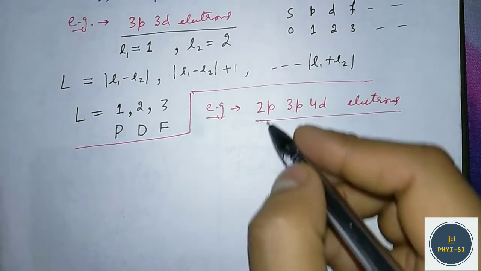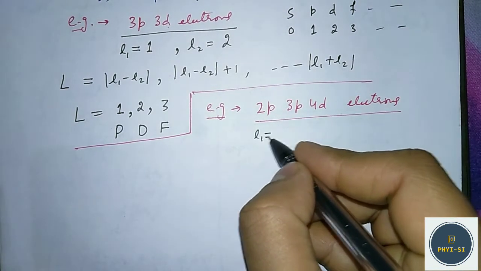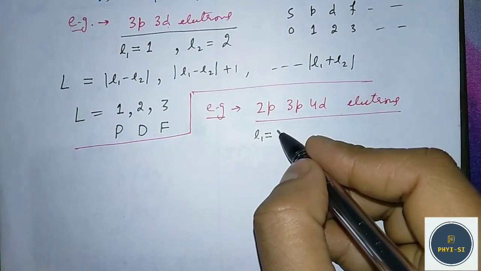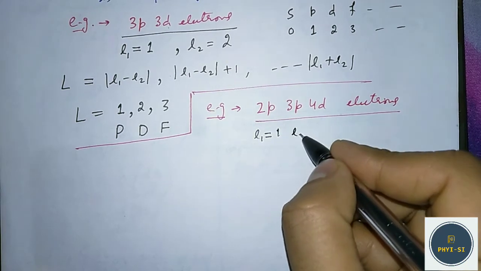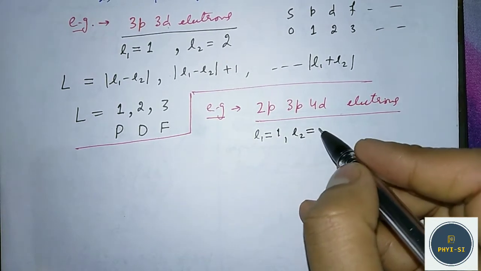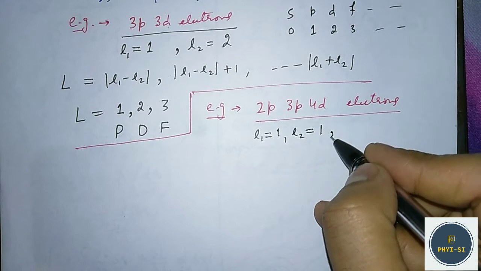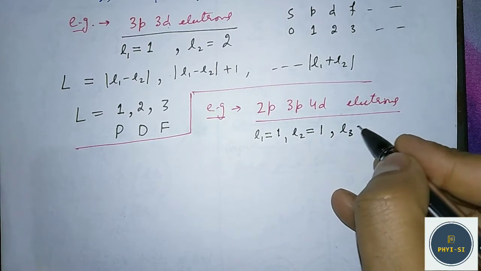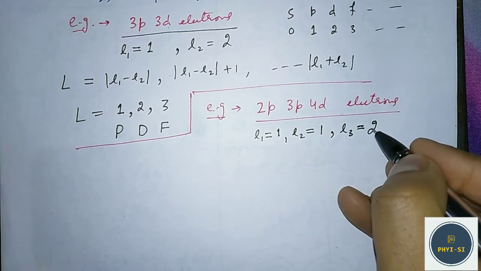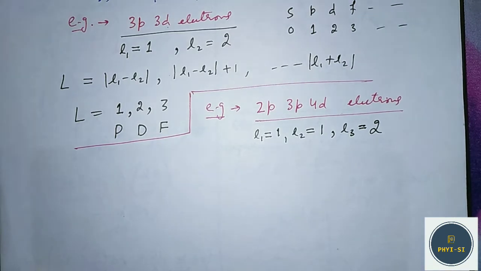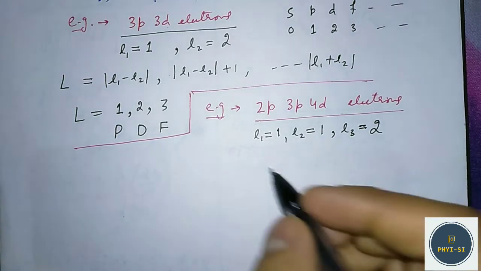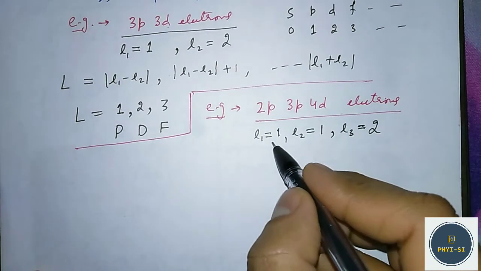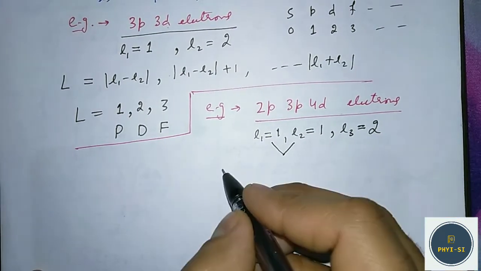Now for this, L1 is equal to 1, L2 is equal to 1, and L3 is equal to 2 for a d electron. Now first of all, these two will combine to make L dash.